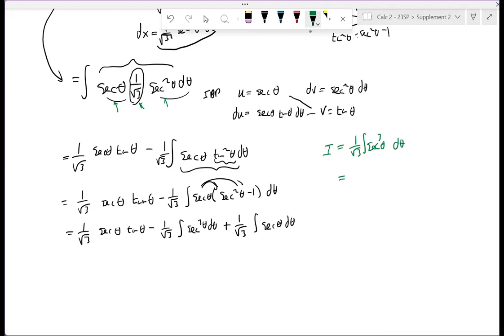I see that that's equal to 1 over root 3 secant tan minus, well, this is that exact same integral. Now, unfortunately, we have this other integral that pops up, but we can deal with that in a second here. But the main thing that I see is that I'm going to be able to get rid of my secant cubes.